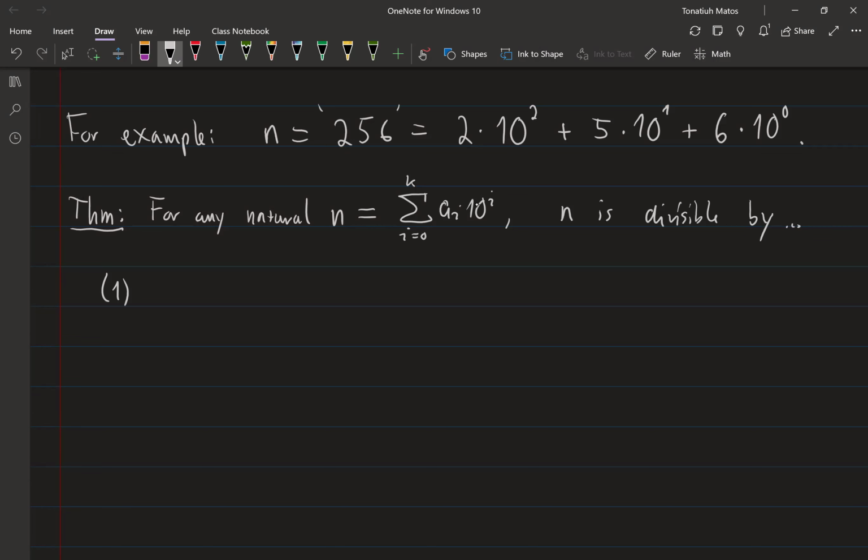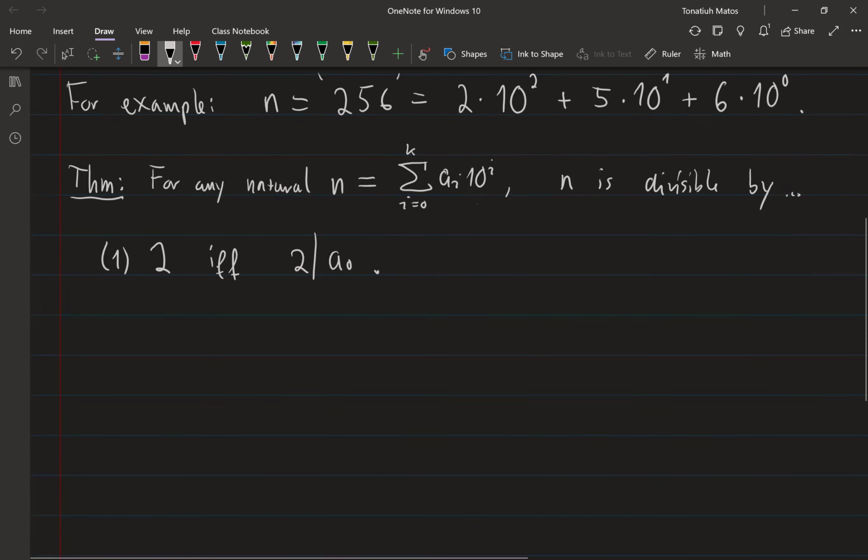So the first criterion is divisible by 2, or is an even number, if and only if the last digit, the unit a0, is divisible by 2. 2 divides a0. So if you have a really big number and you need to see if it is even or odd, all you have to do is look at the last digit, and if it's even, then the whole number is even. Now, I'm sure you know this, but why would this be true? How do you prove that this is true?